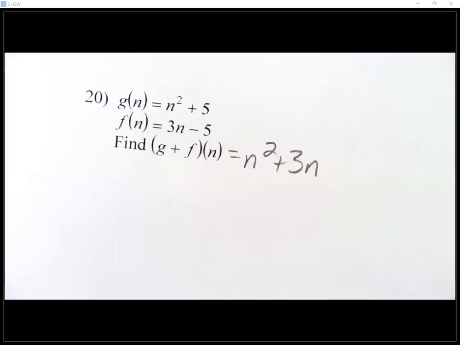I agree with you. Is that what everybody got? When you add those two, you have a positive 5 and a negative 5. They're going to cancel each other out. So that's it. Try 22 real quick.